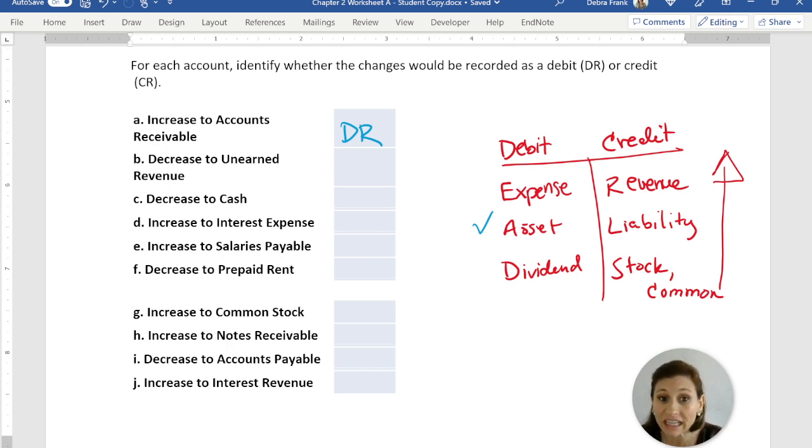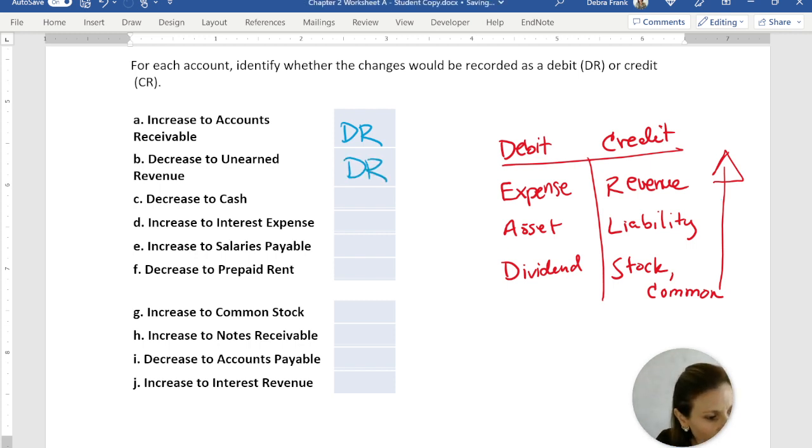So if it was increasing, it would be on the credit side, right? But we can see here it's saying it's decreasing. Well, I just told you this cheat tells us what happens when it's increasing. If it's decreasing, it's the opposite side. So increasing is on the credit side, so liability will be decreasing on the debit side.